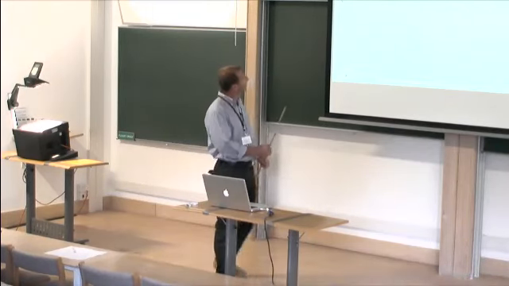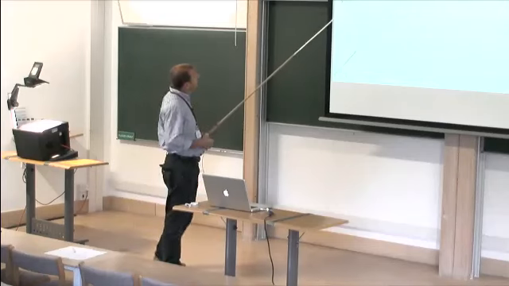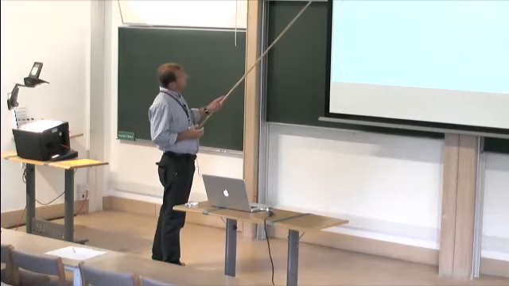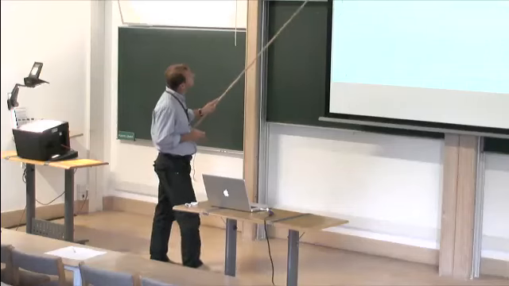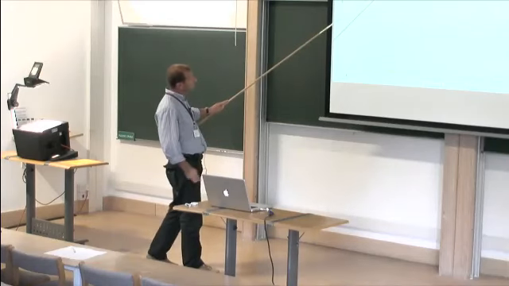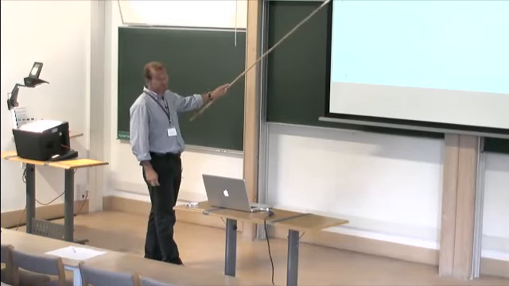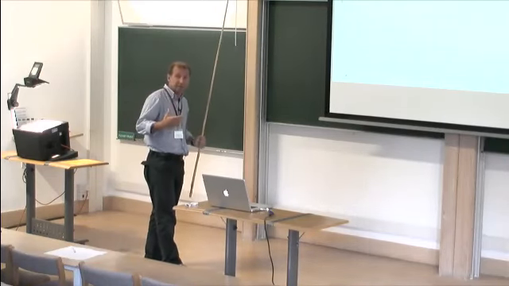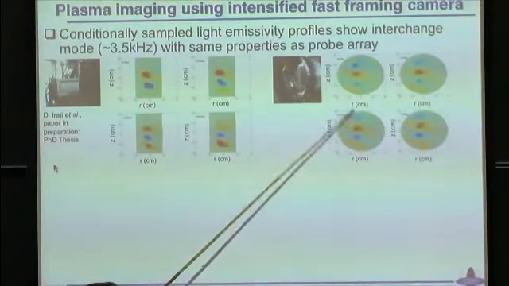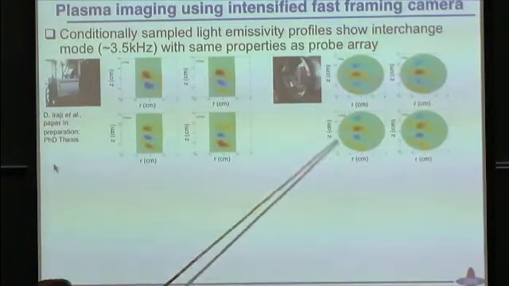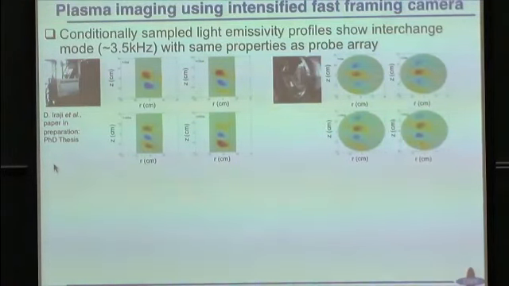And this is a sort of an example of that, answering your comment. This is a conditionally sampled light emissivity profile on the left. This is the camera still on the left. See how beautiful the interchange modes are that we see from these camera images. These are what we've seen before, the same probe, the same movies, frames from probes.